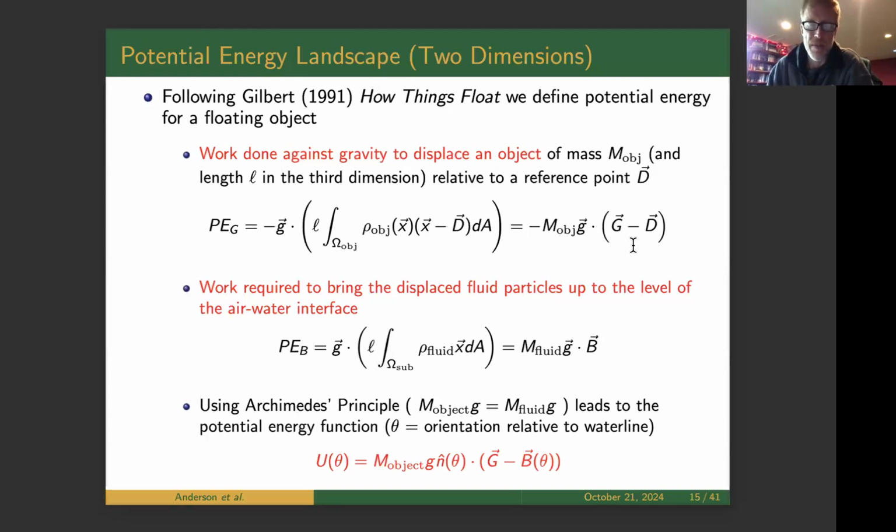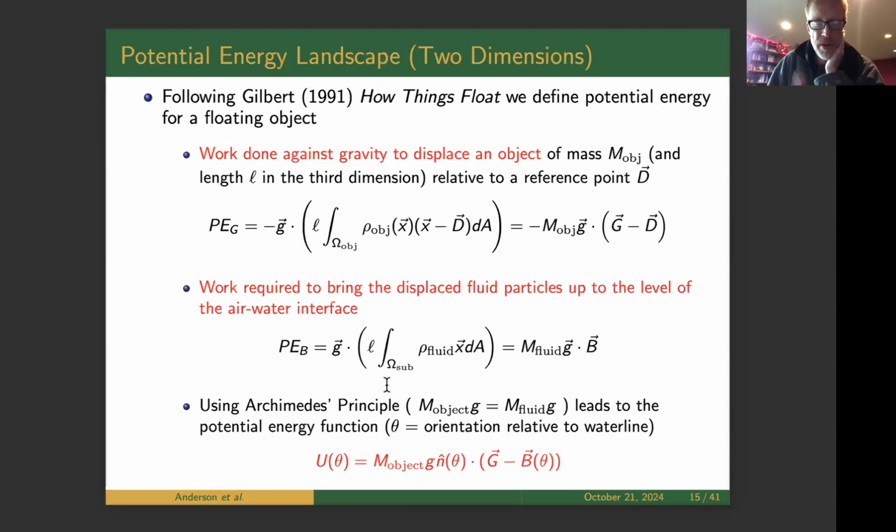And you can write that in terms of the center of gravity of the object. So you get changes depending on whether you move against or with gravity. And then there's another contribution from the buoyancy related part, and that's the work required to bring the displaced fluid particles up to the level of the air-water interface.